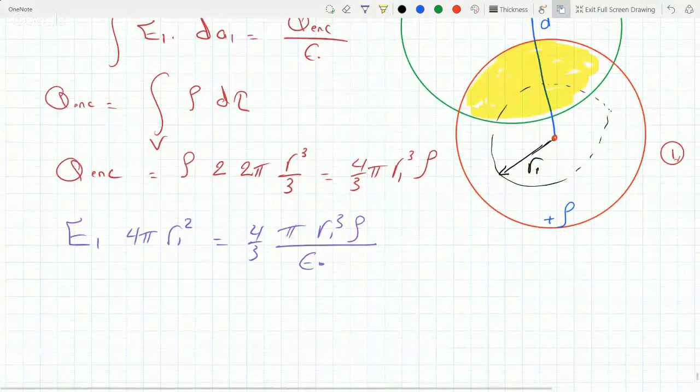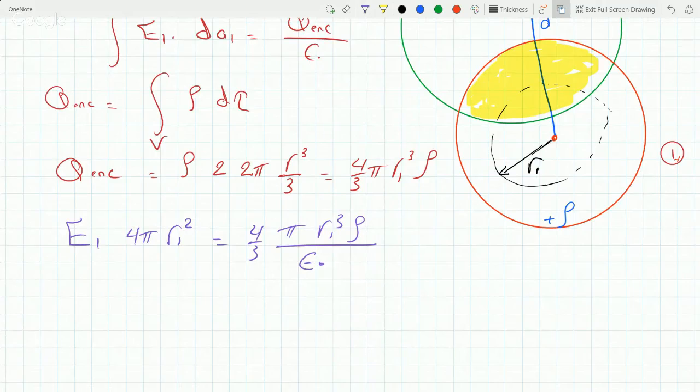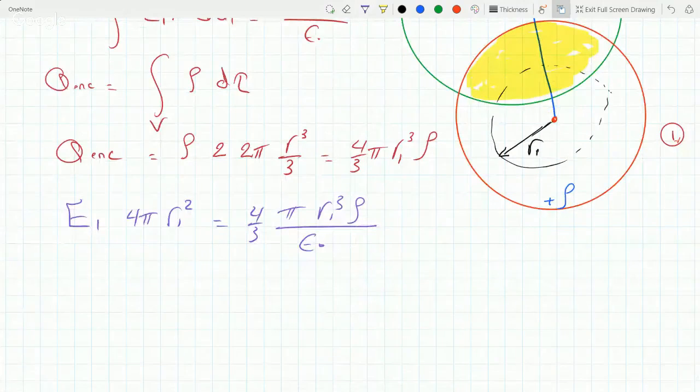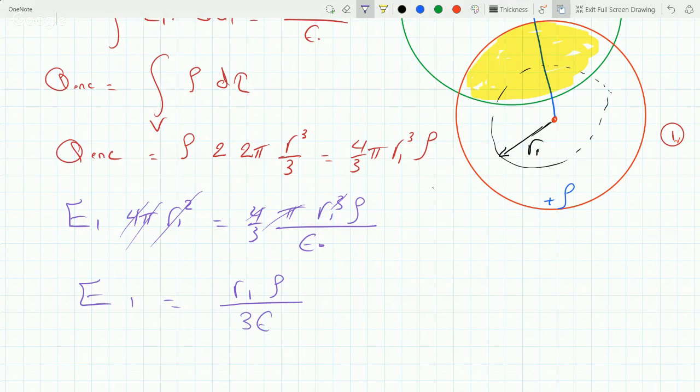Now if we do some simplification, the 3, the 4, and the pi cancel, and we get E1 equal to r1 rho over 3 epsilon, and this is, of course, in the r1 unit vector direction. Okay, so this is my E1.